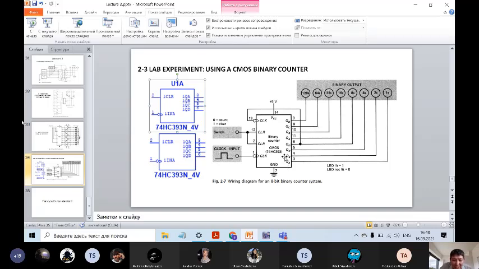Then this integrated circuit will send a signal to the second one and start it, okay? For this reason, when it achieves 1 1 1, this pin gives a signal to the clock, to 13, and it will start counting.